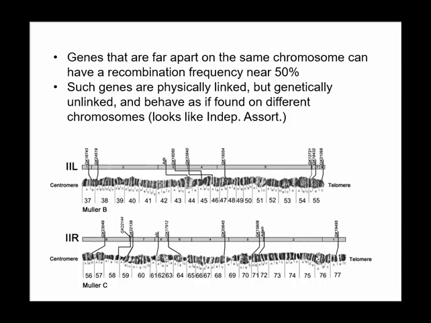So traits that are on totally different chromosomes. So things that are really far apart often look like they are assorting independently, as if they're on different chromosomes. And that's a challenge of genetic mapping, is really identifying what trait is on what chromosome and whether certain traits are actually on the same chromosome if they are far apart.